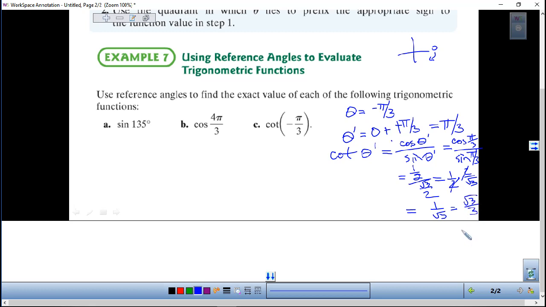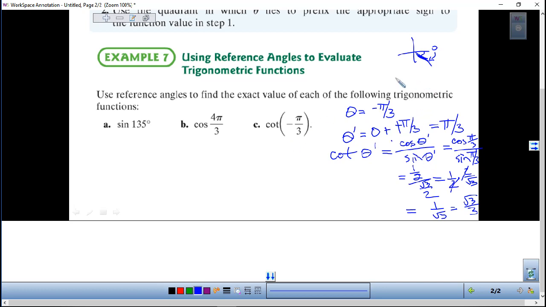Now, is it going to be the correct sign? Well, what quadrant is negative pi over 3? If we go negative pi over 3, that's in quadrant 4. And what do we know about cosine and sine? Are they the same signs or different signs? If they're the same signs, we've got a plus. If they're different signs and we divide, we're going to have a negative.